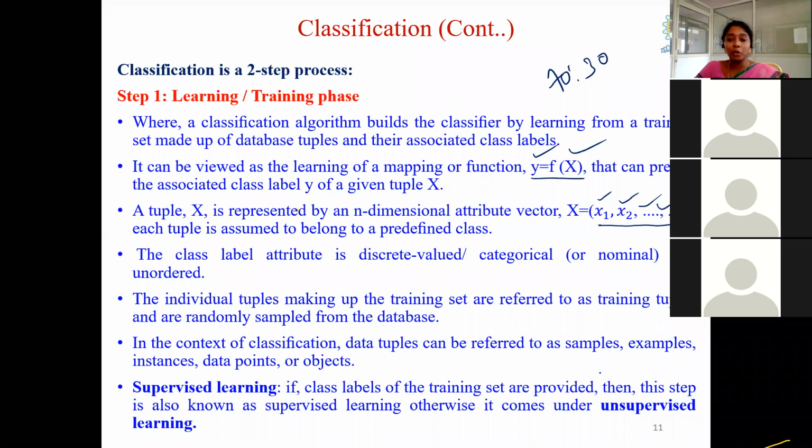If the class label is not provided in the dataset itself in the training phase... what we know till now is that we have to provide the class label. If the class label is provided, that process is called classification, and it is also called supervised learning.